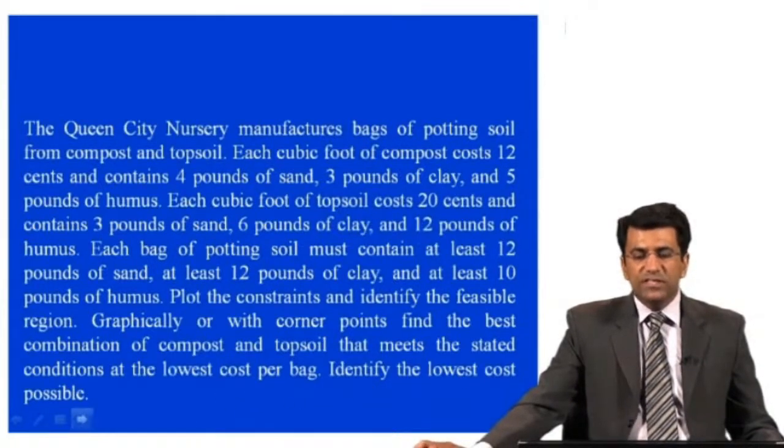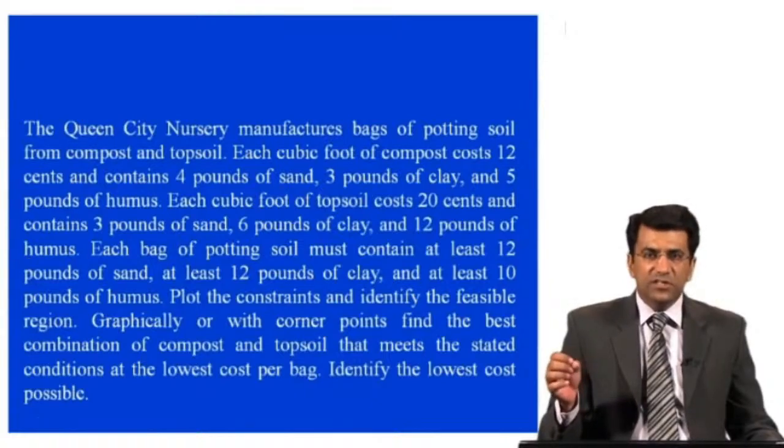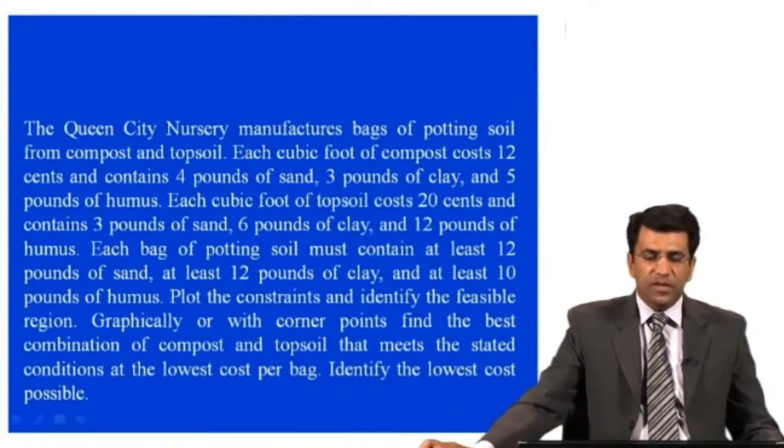So class, we just analyzed this problem, and after analyzing it we have the idea of the cost function and of the different types of constraints related to sand, clay and humus. So we can always draw the inequalities for each of these constraints.